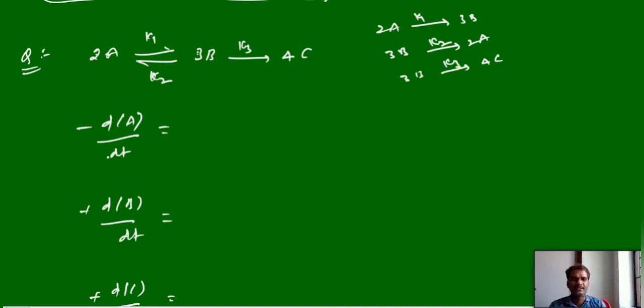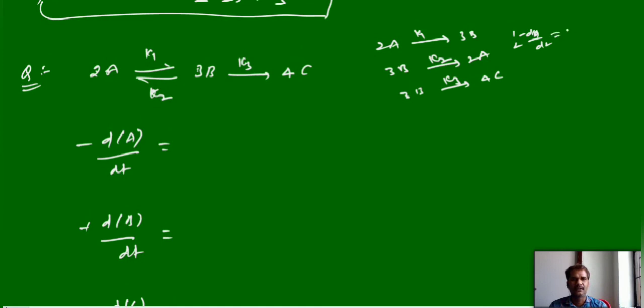Now you have to write minus dA by dt with respect to the first equation. What you can write here, minus 1 by 2 dA by dt is equals to K1 into A power 2, but what we required, only dA by dt is required, so you can bring this to this side. Overall you will get 2 K1 A power 2, isn't it?